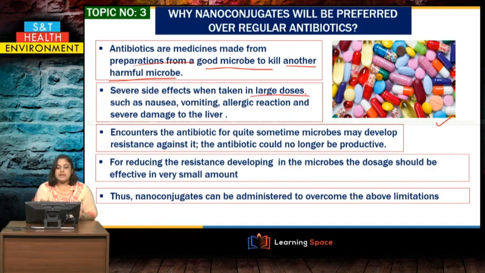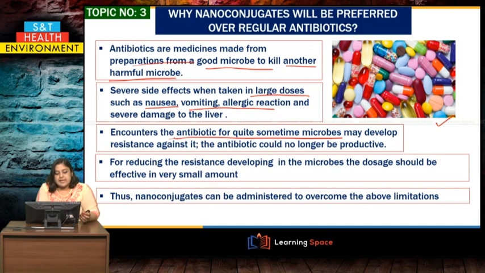If they are taken in large doses, we can have side effects such as nausea, vomiting, and sometimes allergic reactions. So antibiotics have to be very carefully chosen from patient to patient.